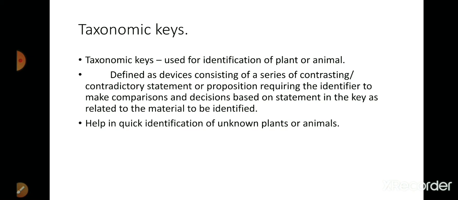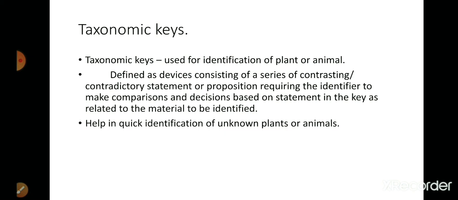Or in other words, it's a simple tool used to identify a specific object. The taxonomic key is one of the most useful tools available to scientists trying to identify an unknown organism. Systematists rely on keys to help identify known organisms and determine whether they have discovered an entirely new organism.